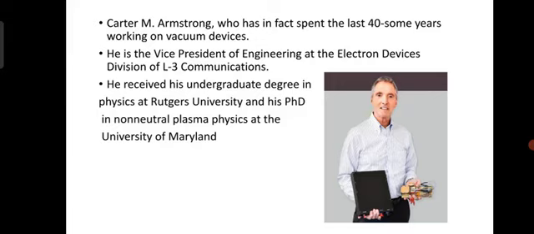He is the vice president of engineering at the electronic devices division of L3 Communications. He received his undergraduate degree in physics at Rutgers University and his PhD in non-neutral plasma physics at the University of Maryland. This is the picture of Dr. Carter M. Armstrong.